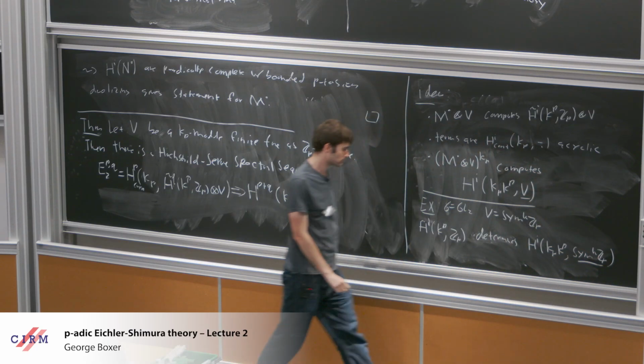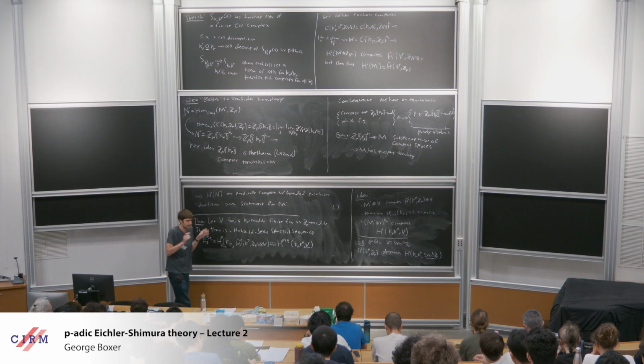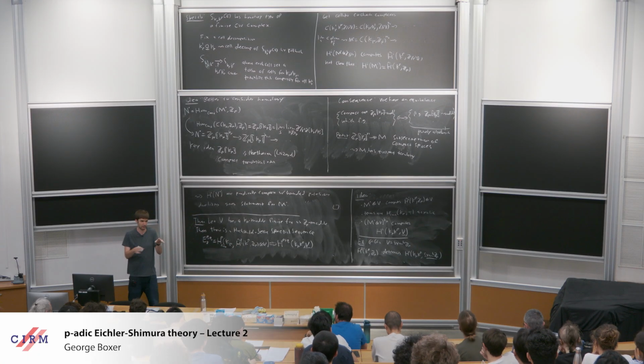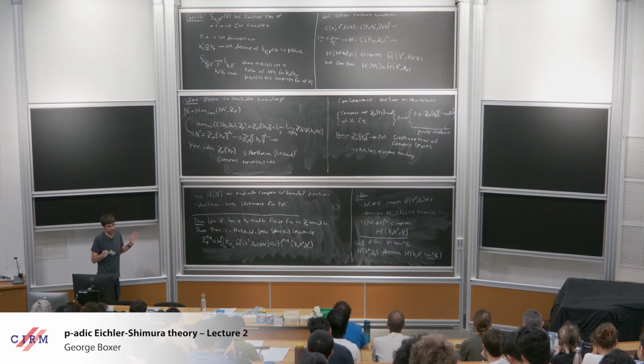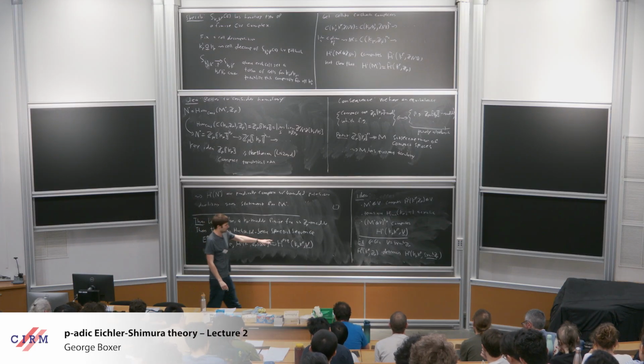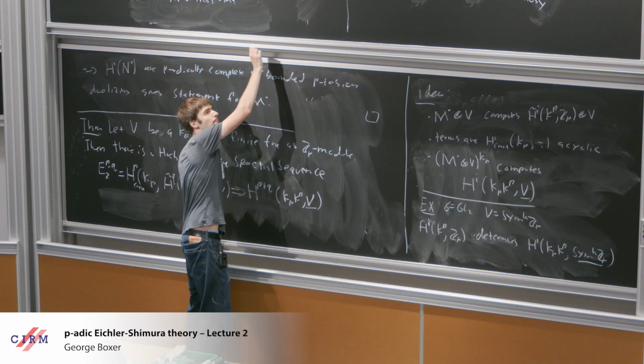Okay? And so this justifies Emerton's idea that completed cohomology is a space of p-adic modular forms. Inside it, you'll see the Hecke eigenvalues of all modular forms of all levels at p and of all weights.